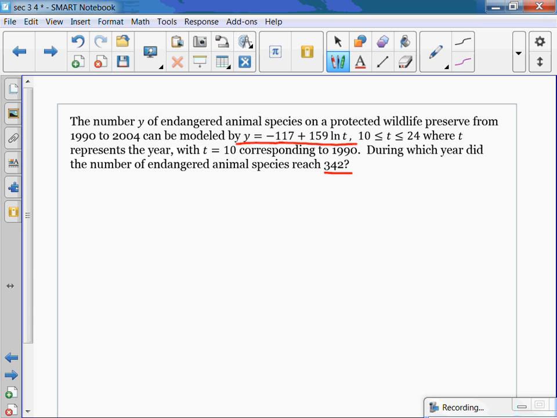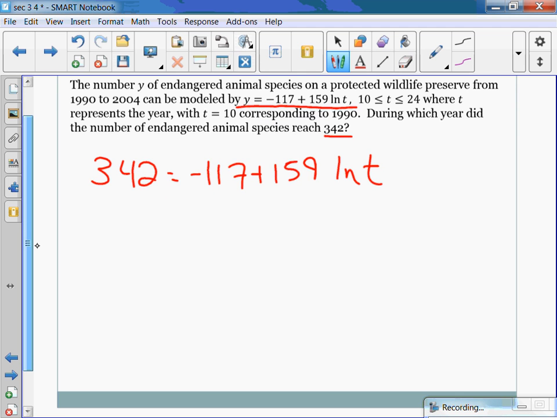So now, again, just like we've been doing, we're going to isolate our variable. So starting off with, add 117. Giving us 459 equals 159 natural log of t. Divide by 159.